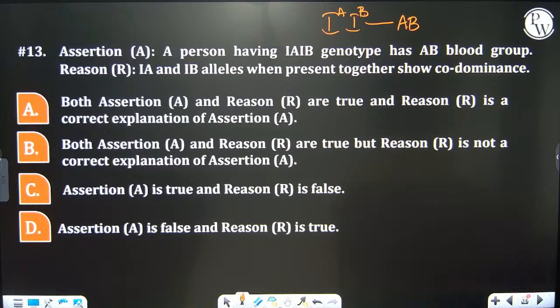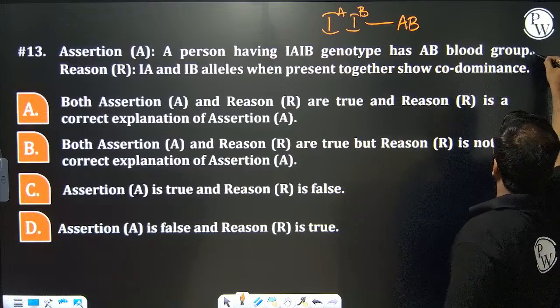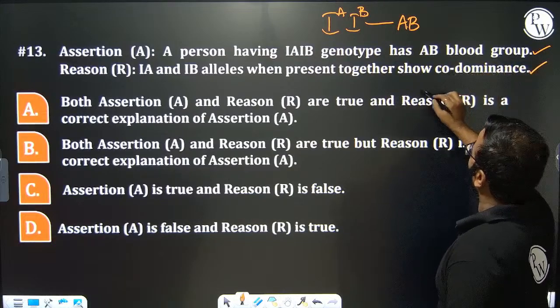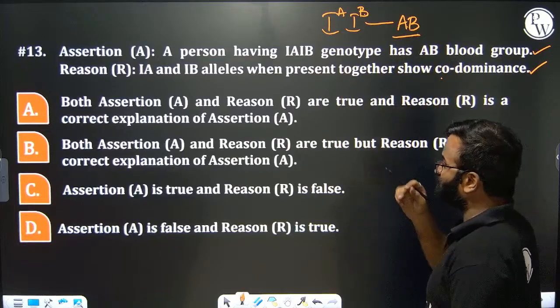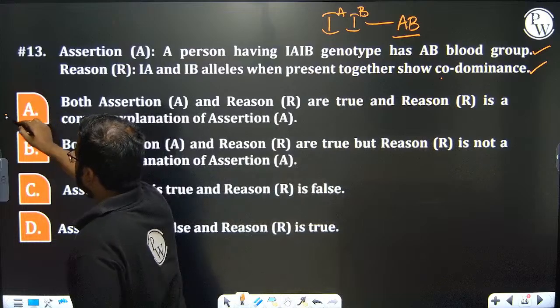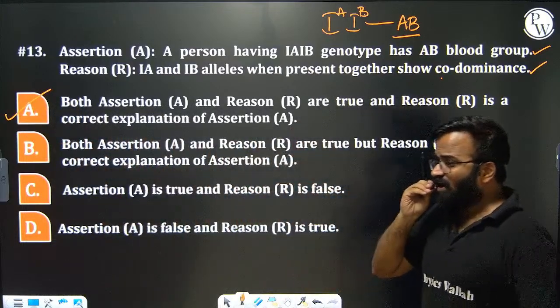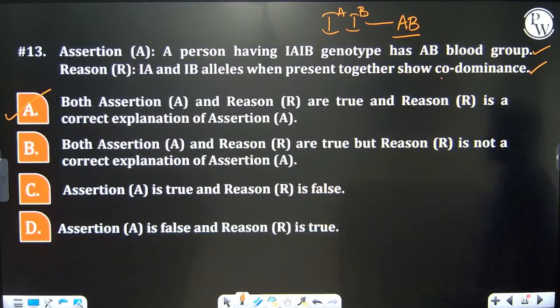IA and IB alleles when present together show codominance. Yes, both the statements are true, and AB is shown because of codominance. So I will say both the statements are true, and it is the right explanation as well.